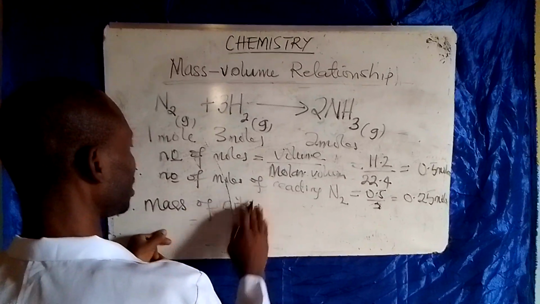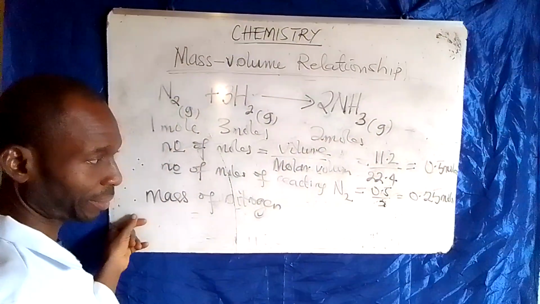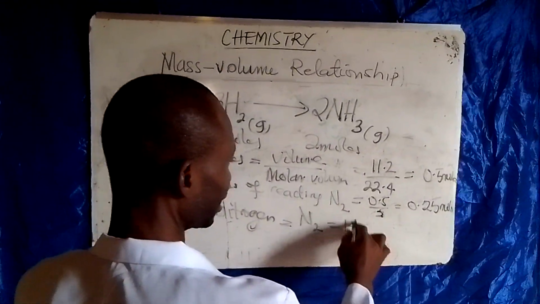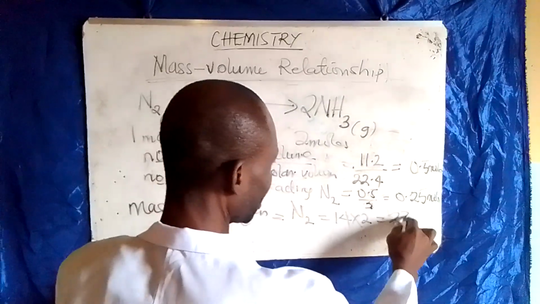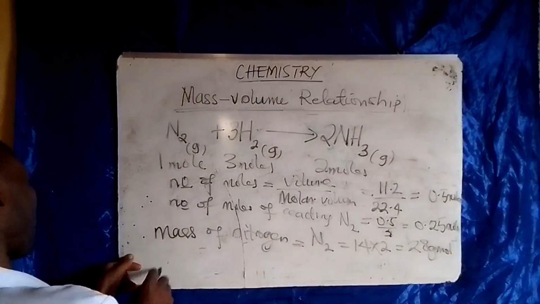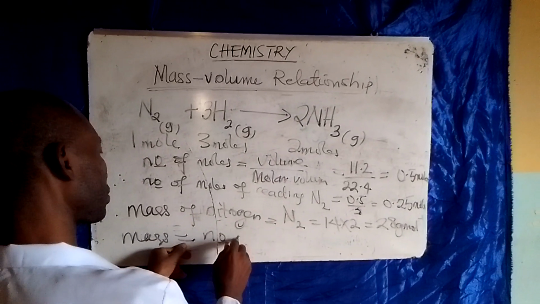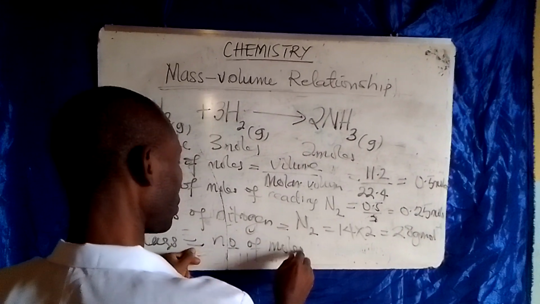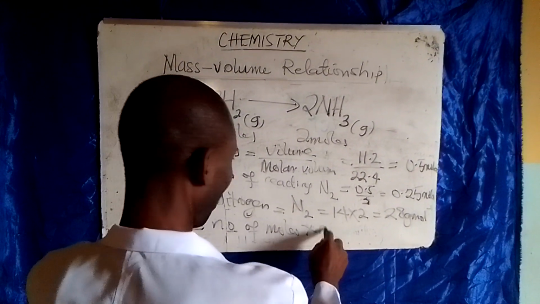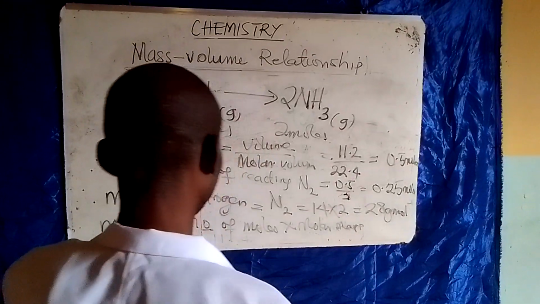Don't forget nitrogen is a diatomic gas. So we're looking at N2, which is 14 times 2, which is 28 grams per mole. So can I say mass equals number of moles multiplied by molar mass?